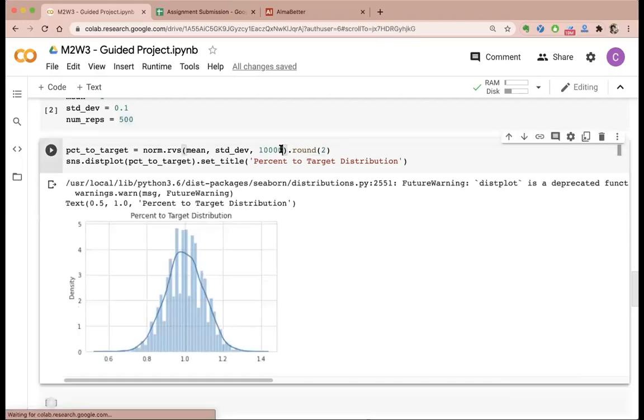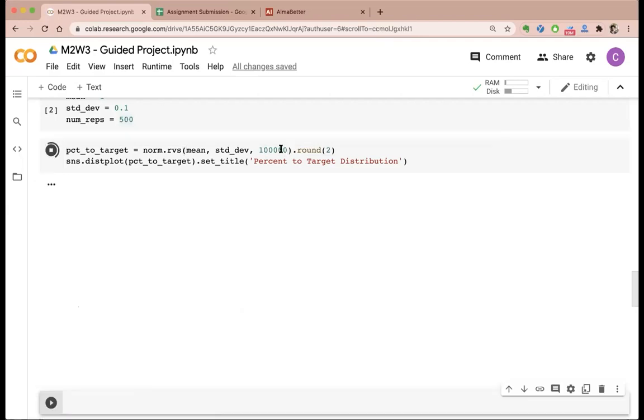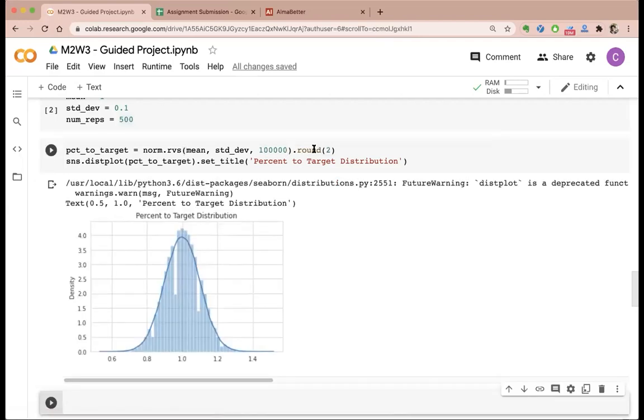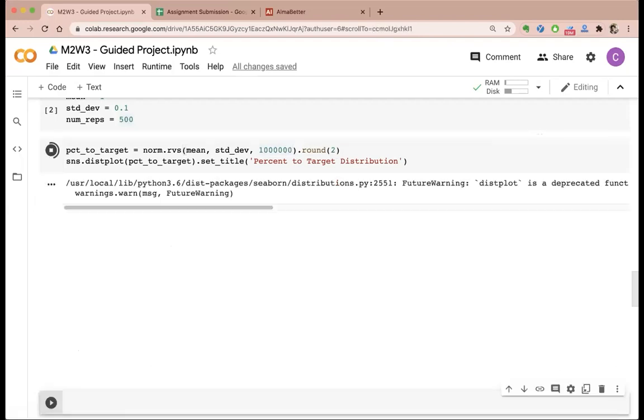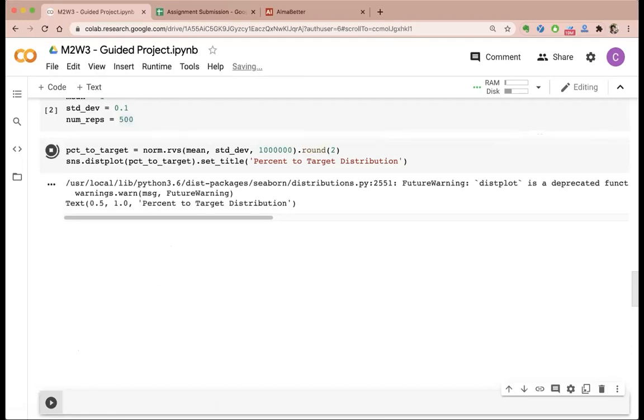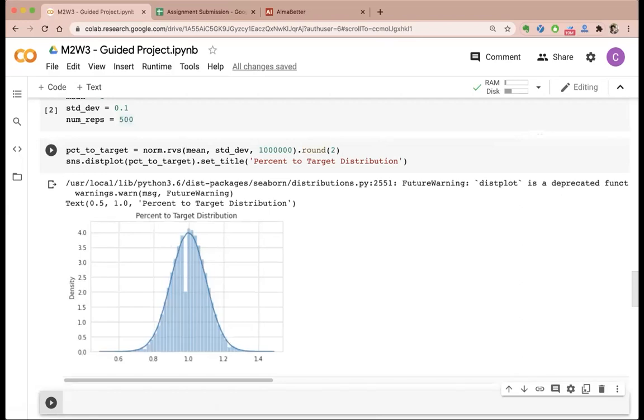You can see how this is getting closer to a normal distribution. See, with 1 lakh points, it's almost giving a normal distribution. You see how this is happening.